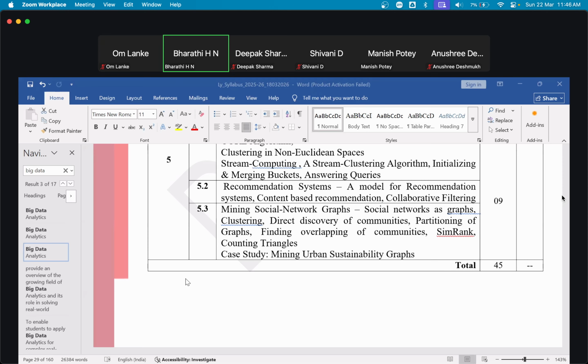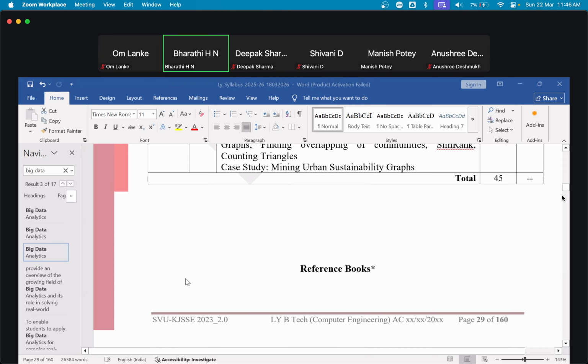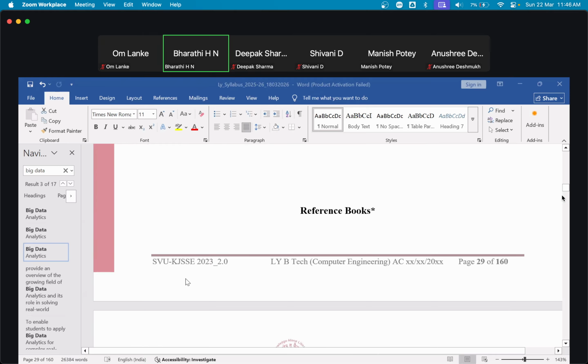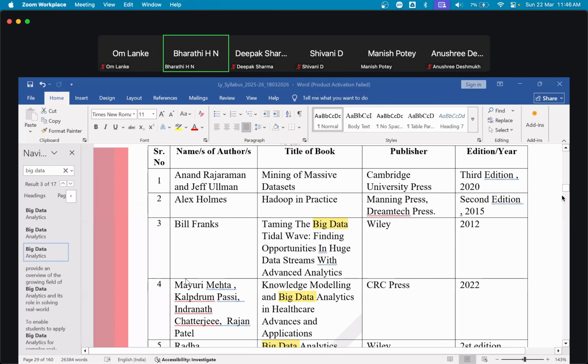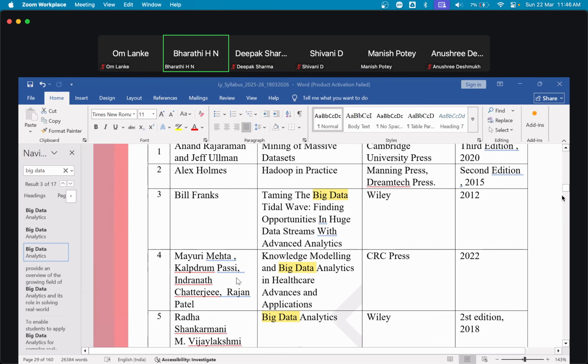So all this, whatever we discussed, we are going to apply in the lab session. From each module, two experiments will be solved, one algorithm and one with real-time data. Many books are available in the lab, and online software systems and tutorials are also available.